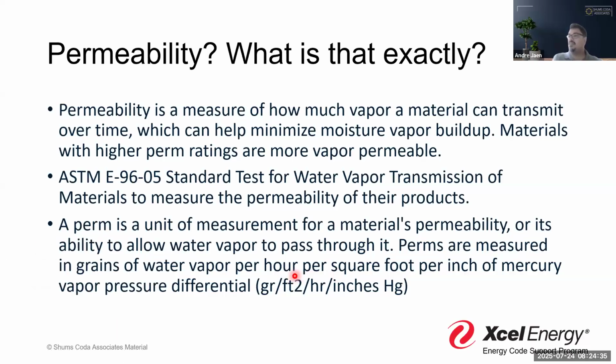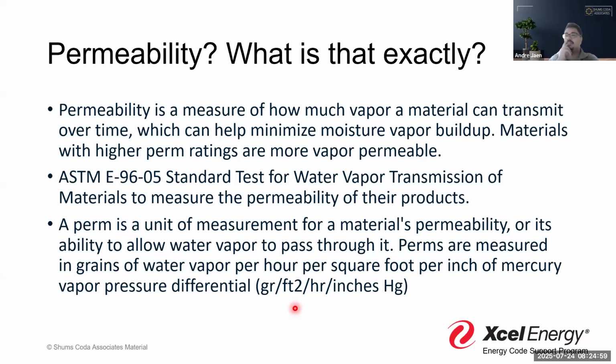So the first thing that we talk about here is ASTM E96-05, which has become the standard test for water vapor intrusion, right? This is what you always look at to say this is an approved material for acting as a vapor retarder, and then you use this amount of permeability based on that test, because that's what it's really giving you here.